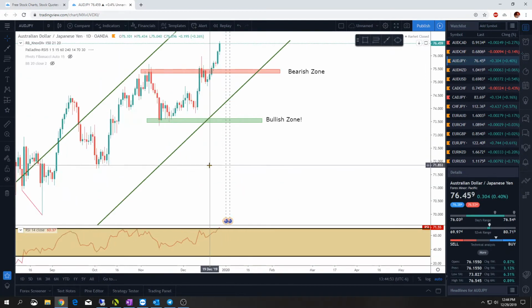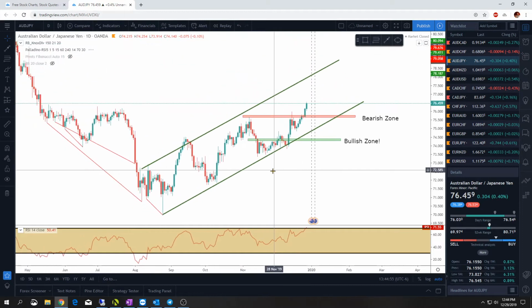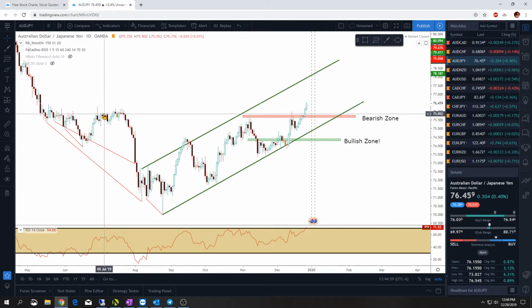Australian dollar, Japanese yen. So what's really funny to me is the dollar's been struggling. It's been taking a beating because maybe it overpriced itself on the phase 1 US-China trade deal. So there's been a lot of people leaving the dollar and devaluing it.